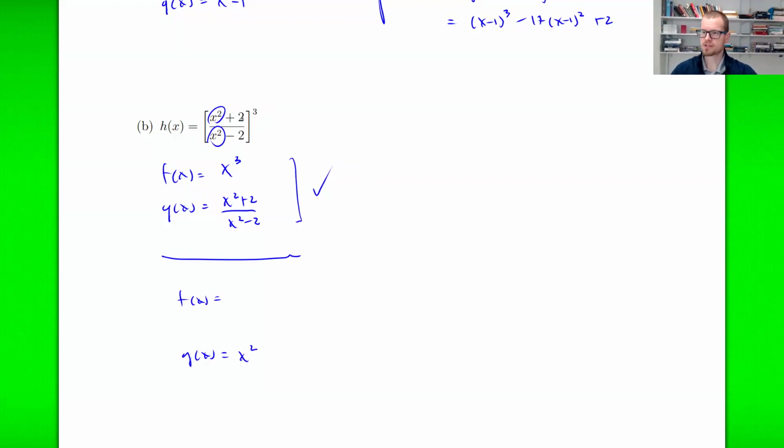So I have something plus 2, something minus 2, all being raised to the third power, and that something each time is x squared. So f of x is (x plus 2) divided by (x minus 2), all of that cubed. When I compose these two functions, f of g, I would get exactly h of x back. So these also work. I would encourage you to evaluate the composition to verify that we get the same thing back.